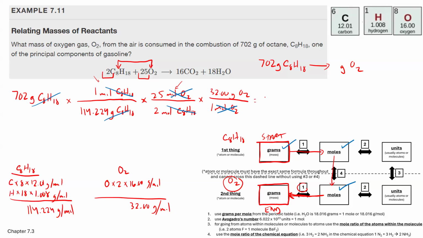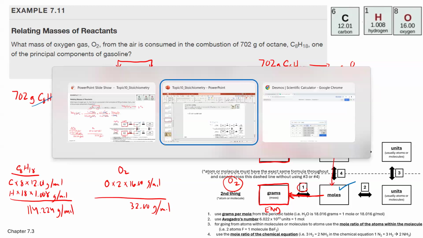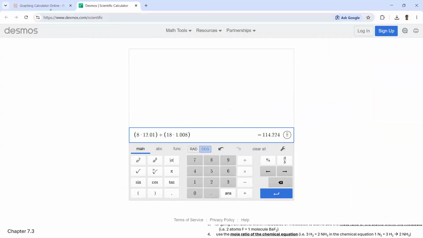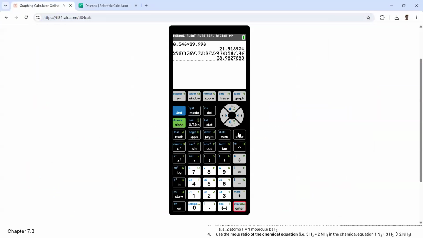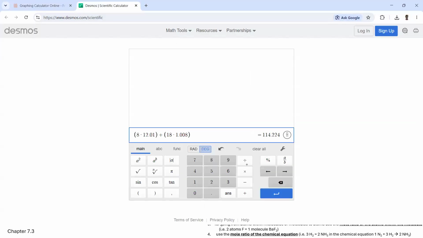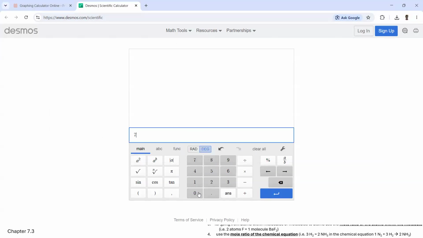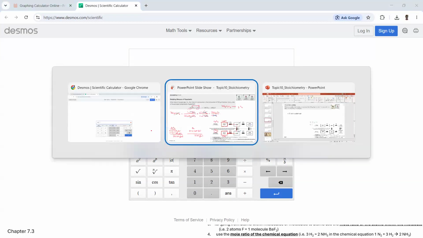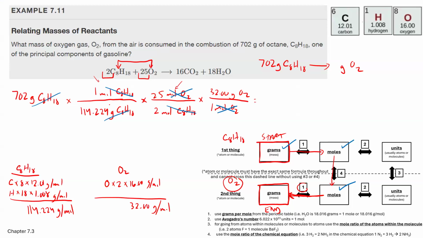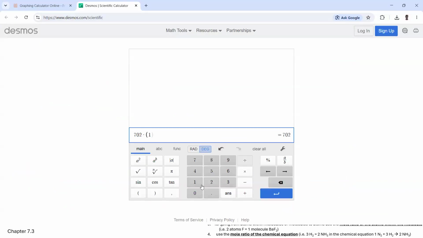Let's use a different calculator this time. I'll have to go back and forth because I can't remember all that. Actually, let's stay on that one. We haven't done one of these with this calculator. So it's going to be 702 times, open parentheses, 1 divided by 114.224, hopefully.